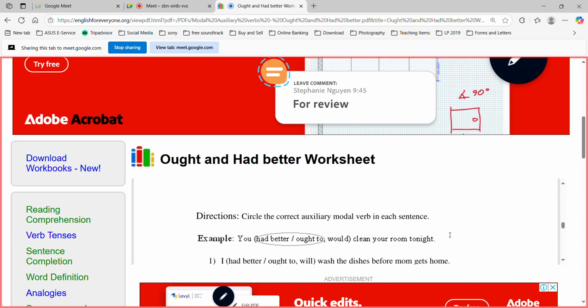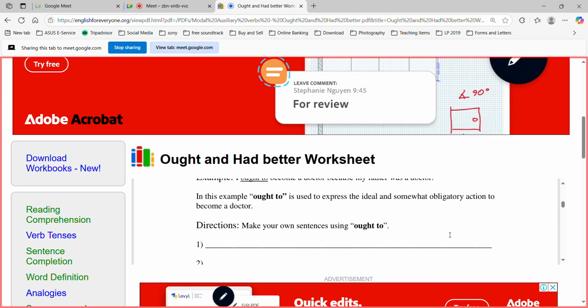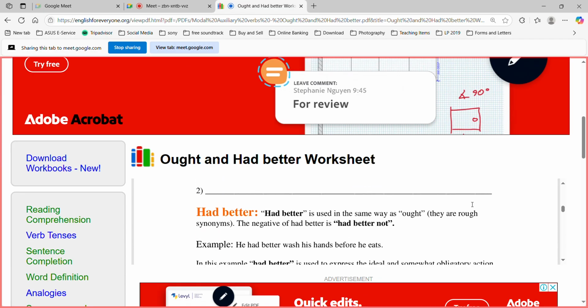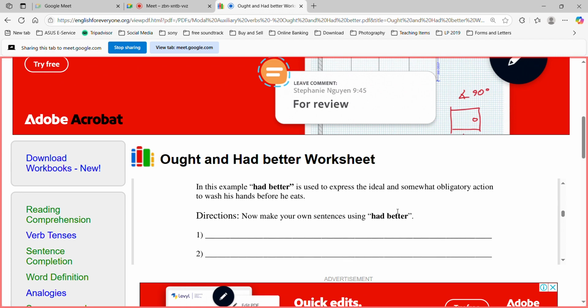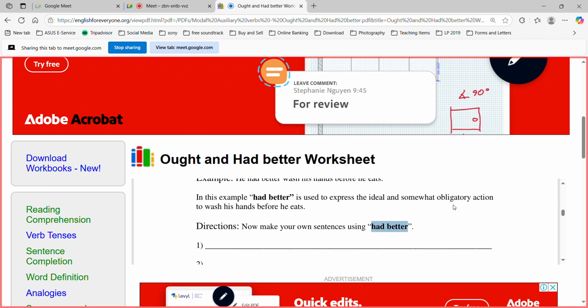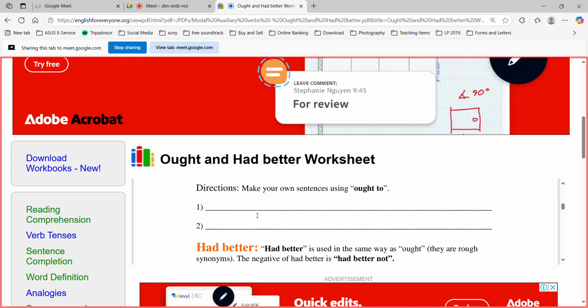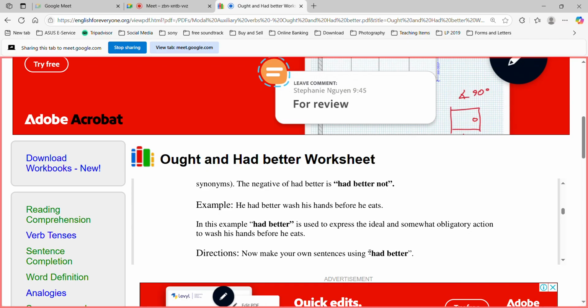So, please make your sentences using ought to and also had better. I give you 5 minutes to do these two tasks, ought to and had better.